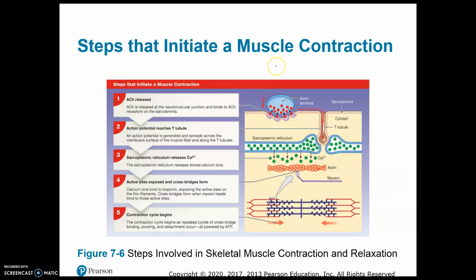Here are the steps that initiate a muscle contraction. If you look at it from what happens in the motor neuron and along the motor end plate, here's your axon terminal. Here's your ACH in red. The ACH is binding to the receptors on the motor end plate.